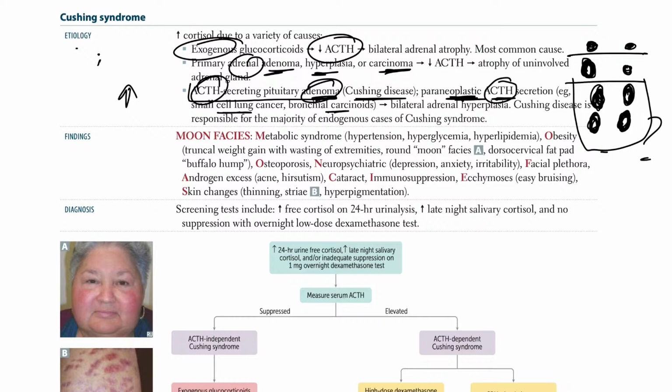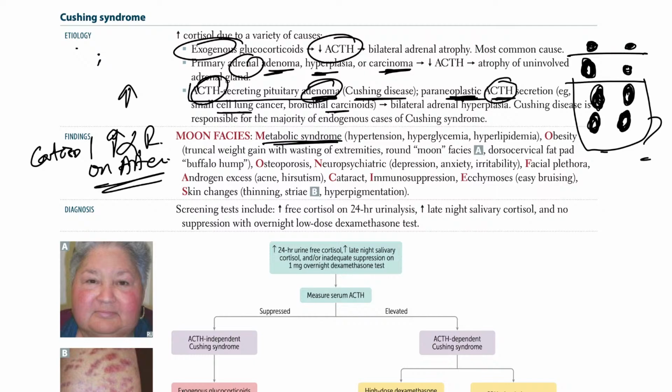Cortisol is going to give you high cortisol. Cushing syndrome is going to give you moon phases. What are they? They are the metabolic syndrome, which is your hypertension, hyperglycemia, and hyperlipidemia. Again, if you recall, cortisol increases alpha-1 receptors on arterioles.